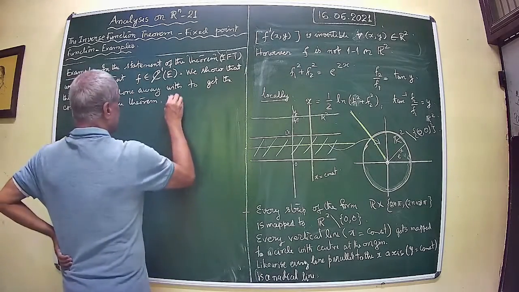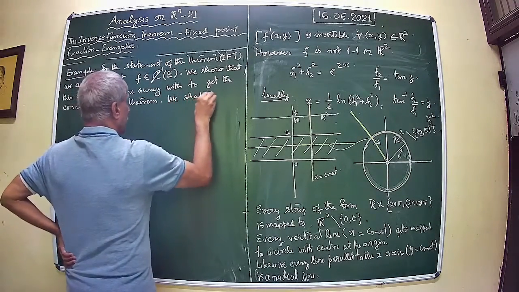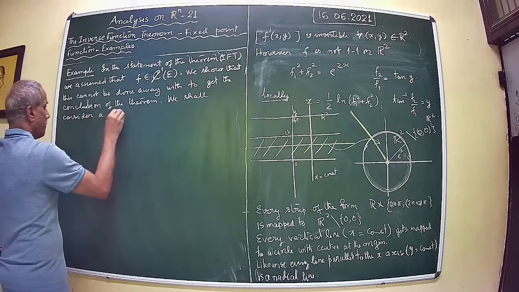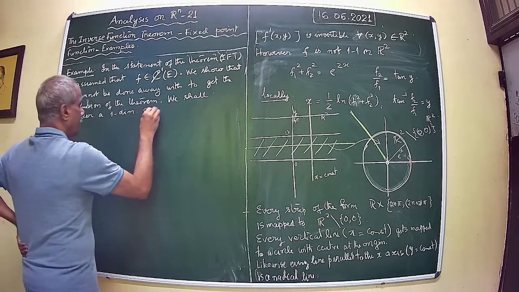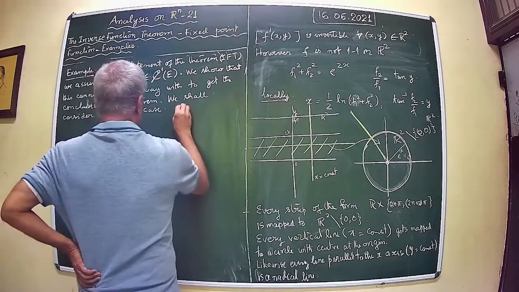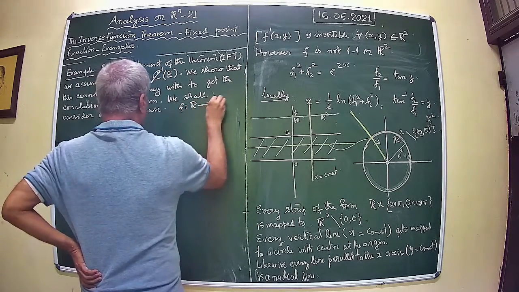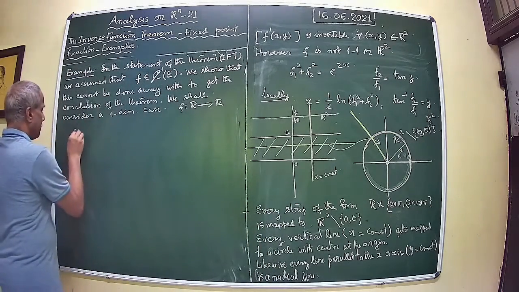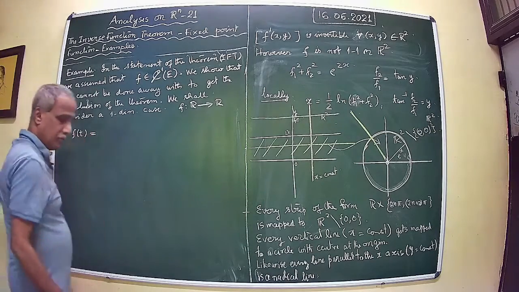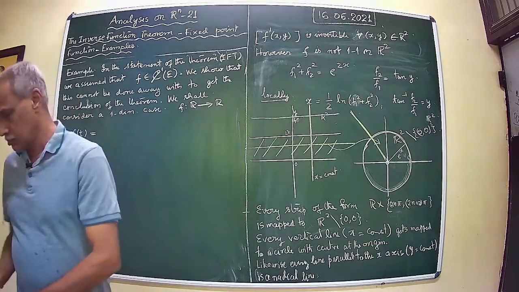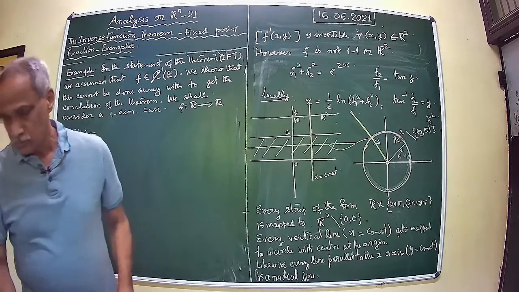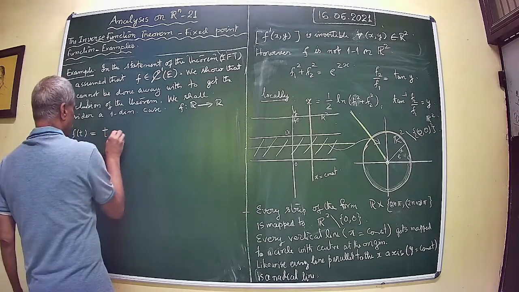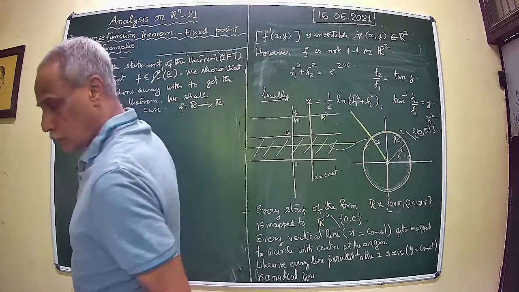We shall consider f from R to R defined to be equal to t plus 2t square sine 1 by t.